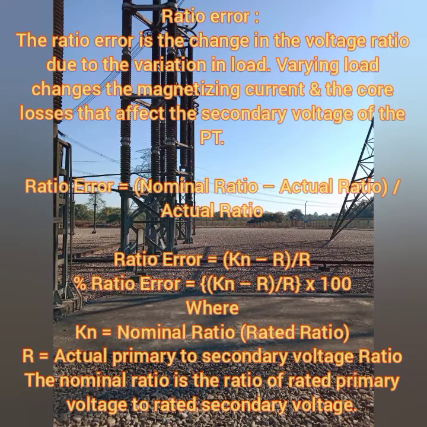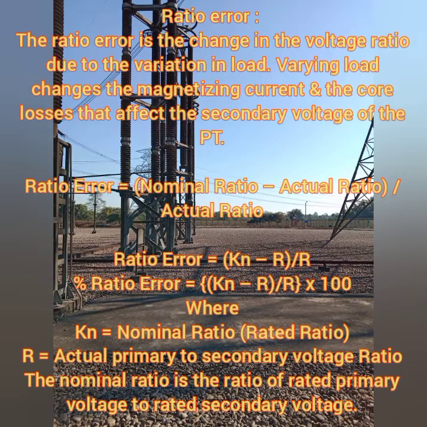Next, last, ratio error. Ratio error is the change in the voltage ratio due to variation in load. Varying load changes the magnetizing current and the core losses that affect the secondary voltage of the PT. So the ratio error is equal to nominal ratio minus actual ratio divided by actual ratio.